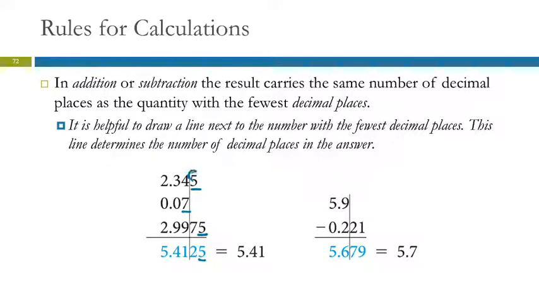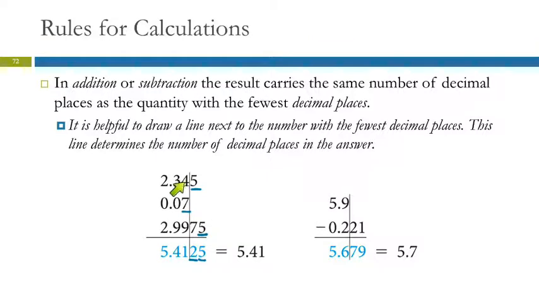The next column over here, I've got a 5 that's estimated, a blank space, I don't know anything about that one, and a 7 that's certain. When I add those together and get 12, is the 2 certain or uncertain? It's uncertain, because that 5 might be a 6, or it could be a 4, we don't know. So this 2 is uncertain.